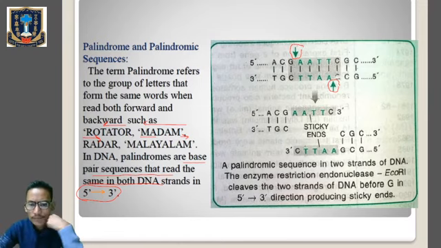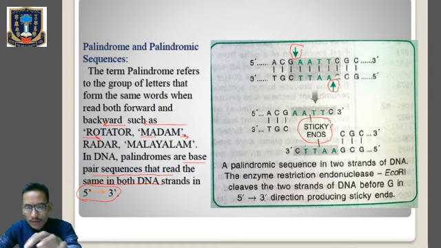So here you can see, after making the cut over here, in the first one 5' to 3', GAATTC is there, right? But over here you can see that the sticky ends are being produced, TGC, TTA. So it has been cut, and ends are produced which are called sticky ends.